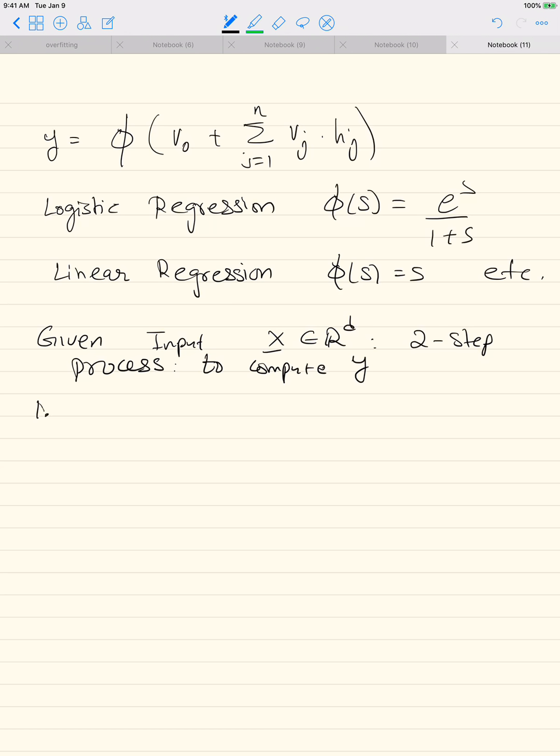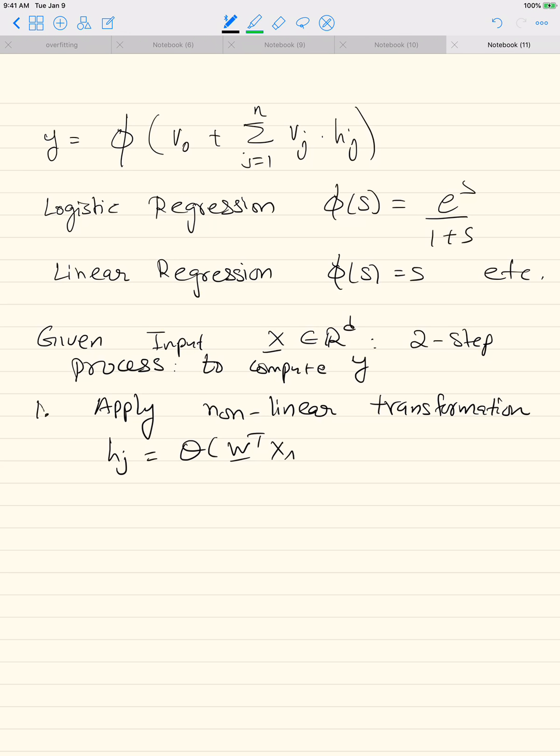Step 1 is to apply a nonlinear transformation: hj is theta of wj transpose x, for j equals 1 up to n.